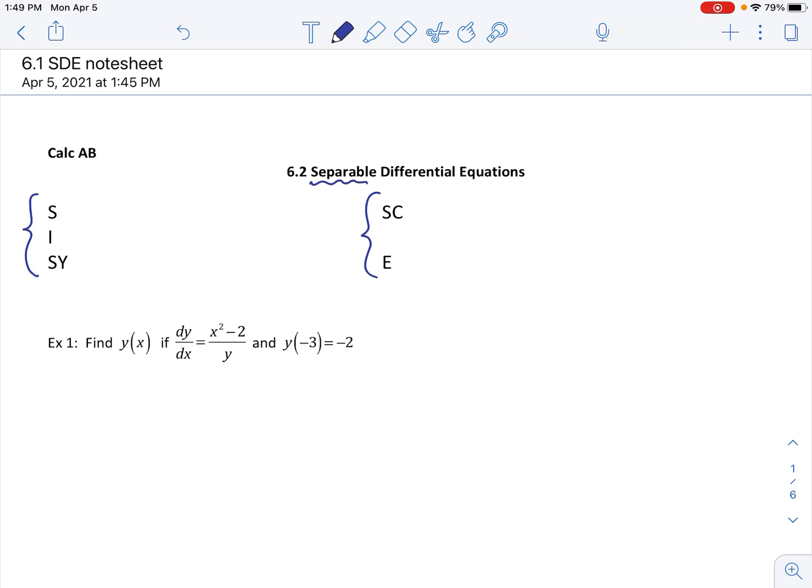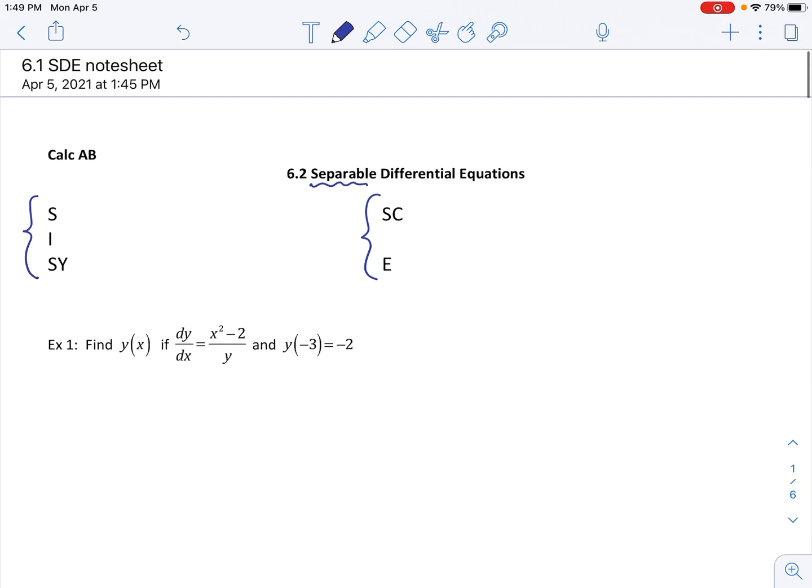You'll see this whole problem. I'm giving you the whole page to work on, and we have to do it in a certain order. So first S, the new part for us, is separate variables. When we talk about separating variables, we're talking about getting x away from y, and we typically do it with multiplication and division.